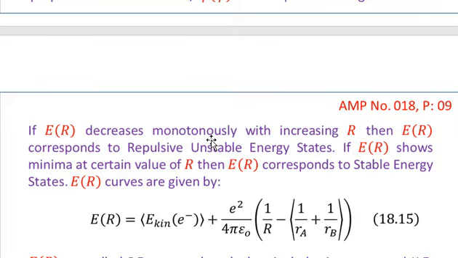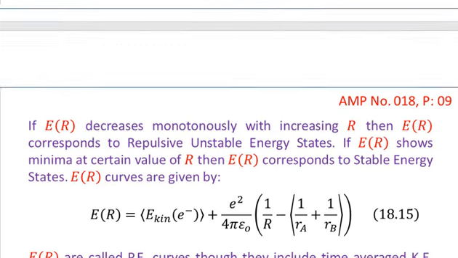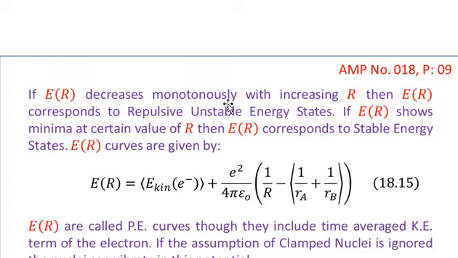If E of R decreases monotonically with increasing R, then E of R corresponds to a repulsive, unstable energy state, as shown by the curve E3, which decreases monotonically with increasing value of R. If E of R shows a minimum at a certain value of R, then E of R corresponds to a stable state.